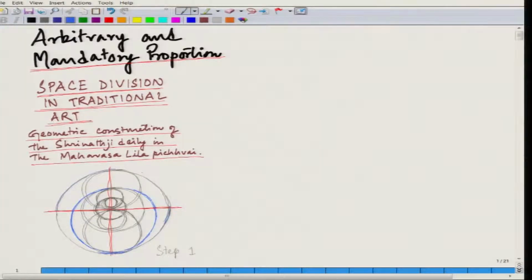Now, when the artist puts a figure which is the main character of the whole narrative, they place it right there, and the whole measurement of the figure, the body, gets operated through all these circles. I will show you how.